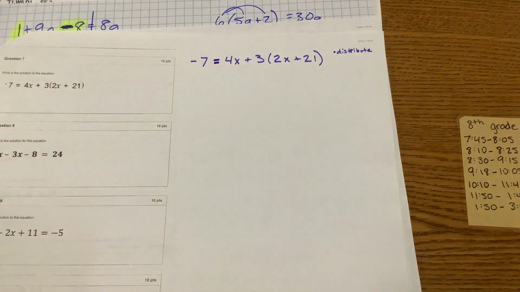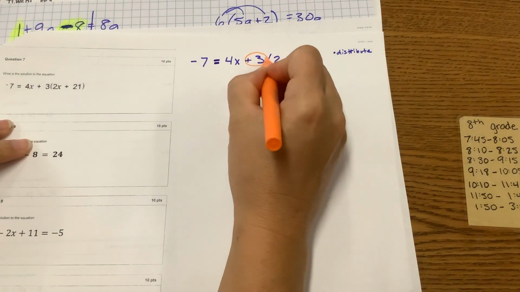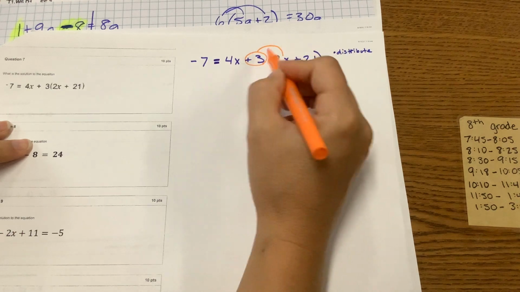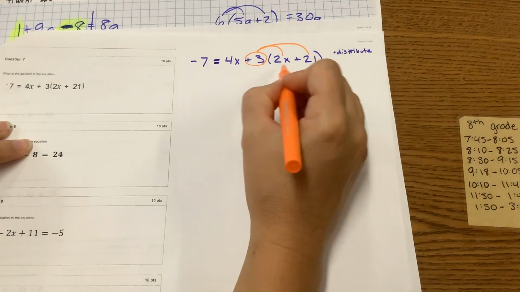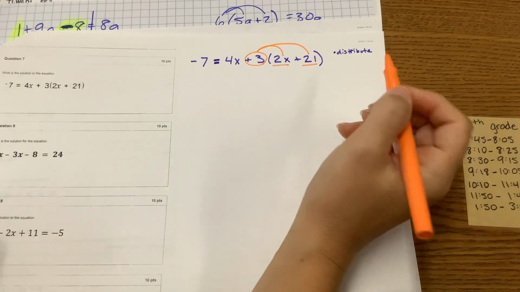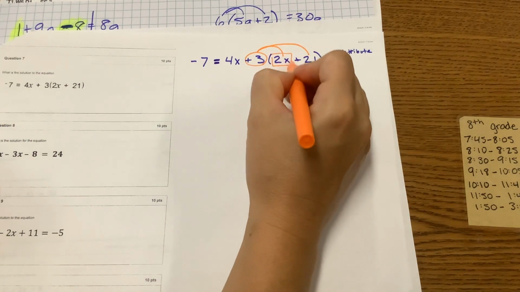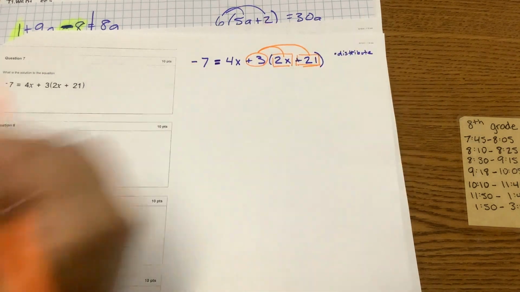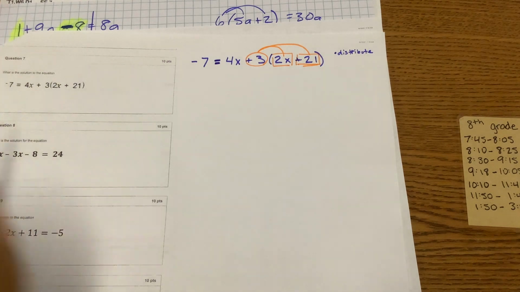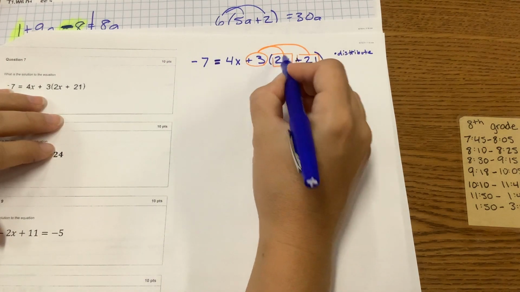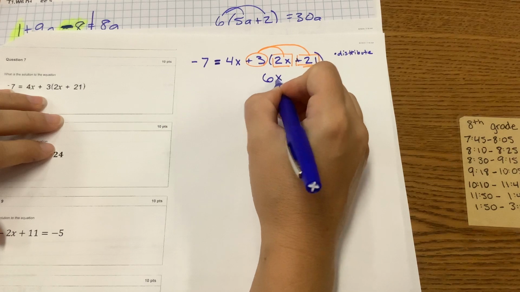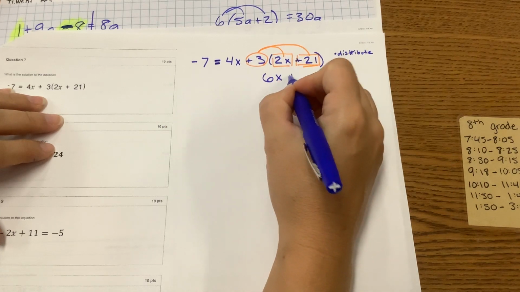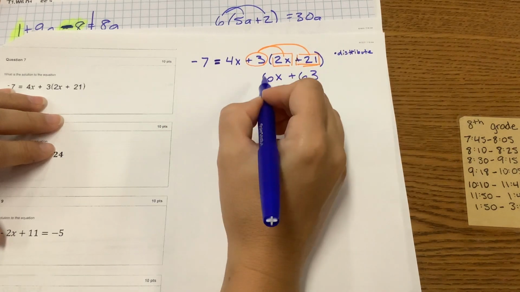We're going to take positive 3 times 2x and positive 3 times 21. Okay? Both of these are positive, so we don't have to worry about any signs changing. So 3 times 2x is, and 3 times 21, and bring everything else down.